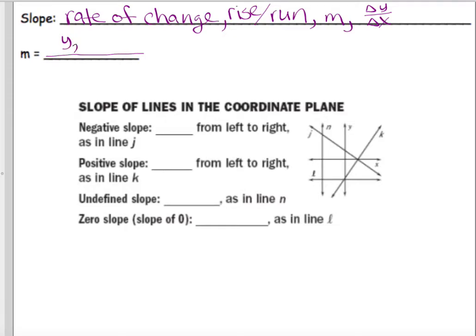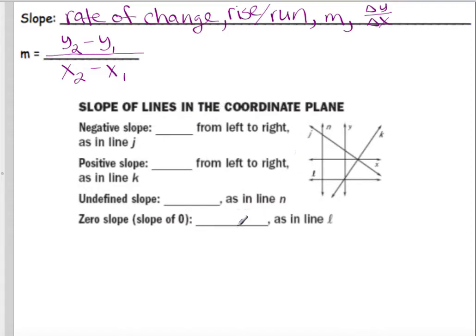When you have 2 points, you take your second y minus the first y, divided by your second x minus your first x. The change in y is on the top, second y minus first, and then second x minus first for the change in x on the bottom. You'll need to memorize that formula, as you need to memorize all of your formulas for pre-AP geometry.